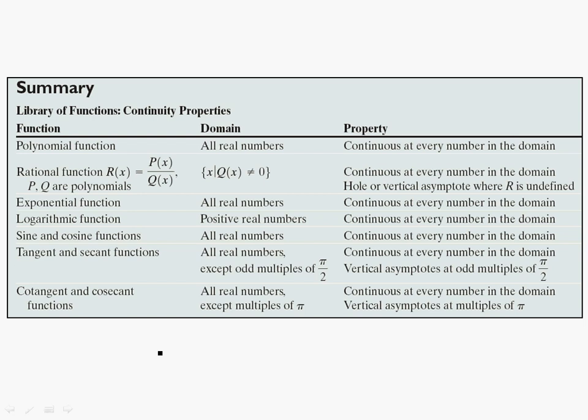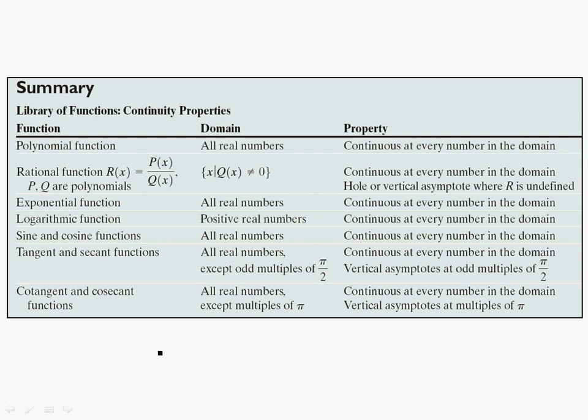So that could be a hole or an asymptote. Exponential functions are continuous at every number in the domain, and the domain is unlimited. Logarithmic functions, remember, we can only use positives because they're inverse to the exponential. But on its domain it's continuous, and the same for the sine and the cosine.